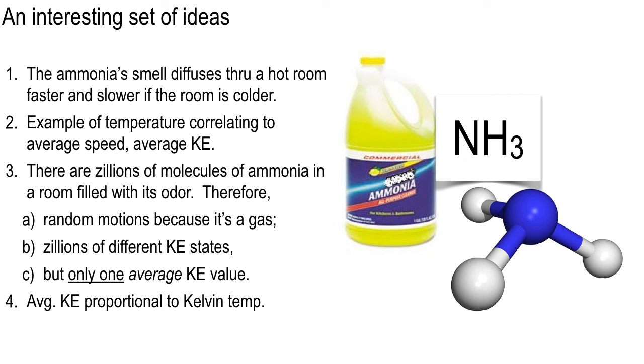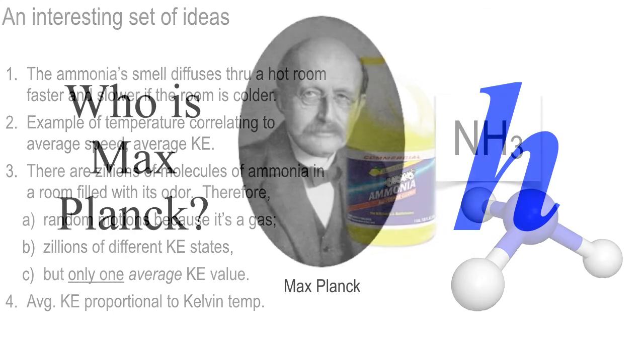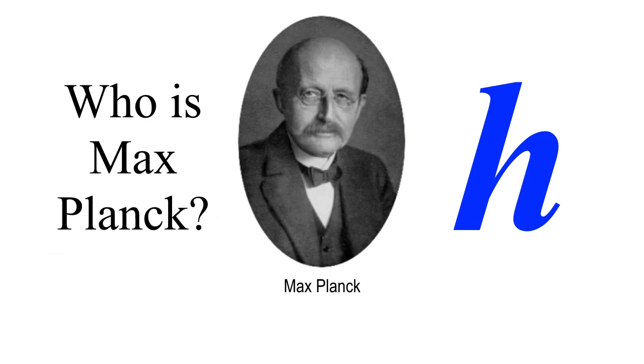Now, I want to discuss another thermodynamic concept. And to do that, we'll start talking about this guy, Max Planck. Go ahead and write down his name. It's pretty important for us. Planck, a German physicist.